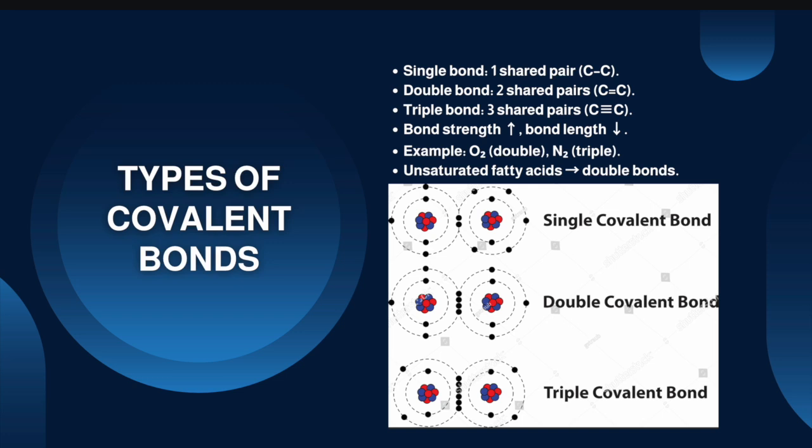If you are closer to one another, it will be easier to hold hands. So that's the same concept. The more the bond length, the lesser the strength. Examples are the oxygen and nitrogen molecules, and in biological systems, the unsaturated fatty acids. So that's the concept here.